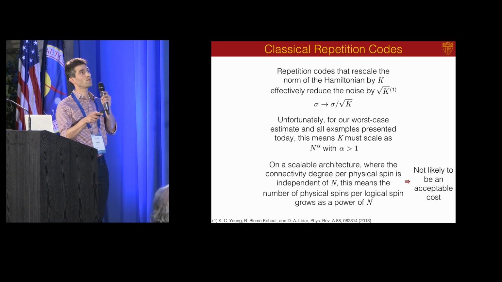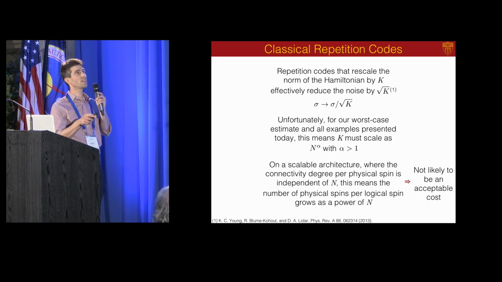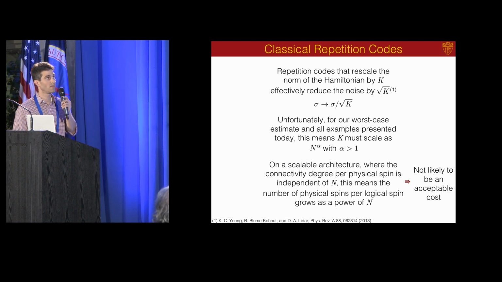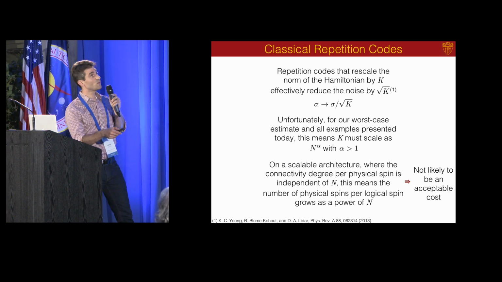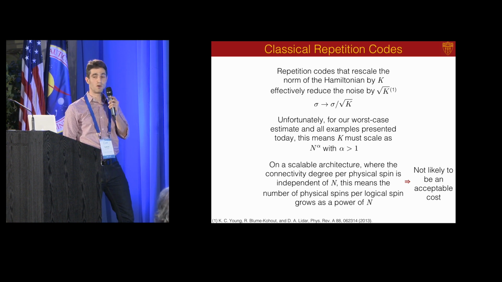So essentially, the noise sigma gets rescaled to sigma over square root of k. But for all the examples I've shown you today, this would mean that k must scale as n to the alpha with alpha greater than 1.